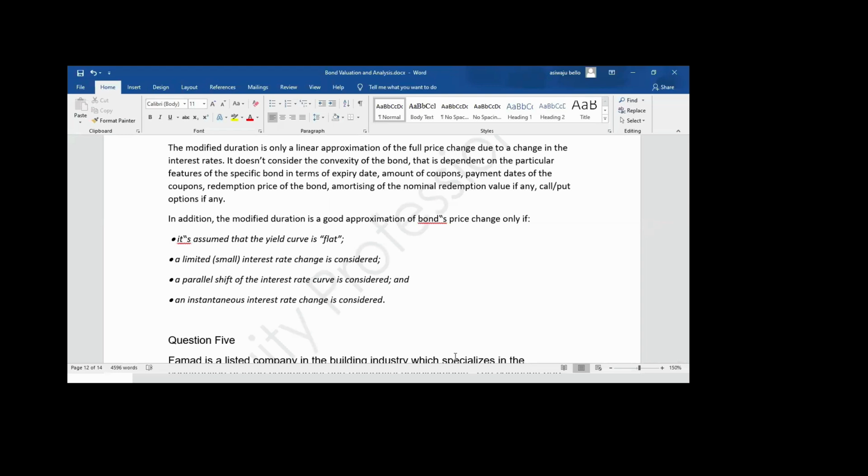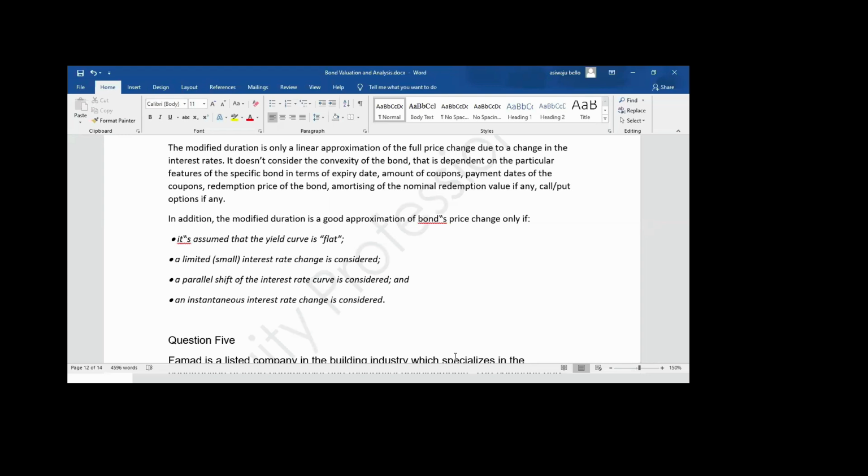Number two, it assumes that there is just a small change in interest rates. Only a small change in interest rate is considered. Number three, a parallel shift of the interest rate curve. That means the interest rate curves will not meet themselves. It's a parallel line. Lastly, an instantaneous interest rate change is considered, not gradual.